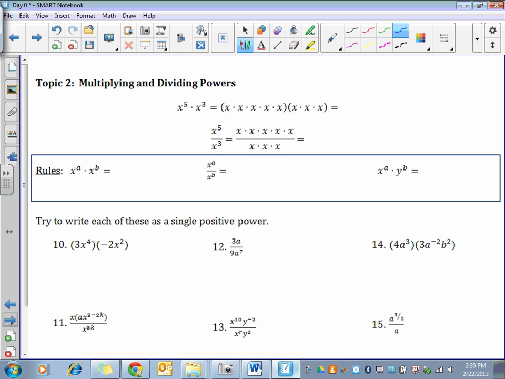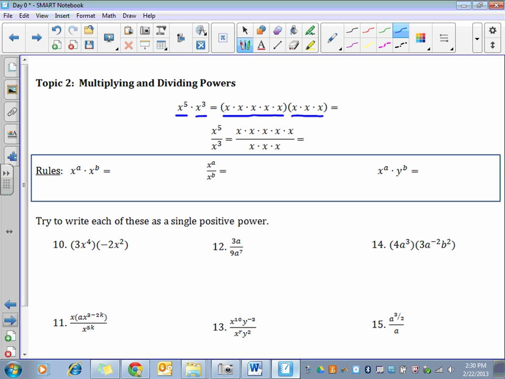Let's go on, and we're now going to look at how to multiply and divide powers. As we all know, x to the 5th really means that I'm multiplying x by itself 5 times. If I multiply x to the 5th times x cubed, the x cubed again tells me I'm multiplying x by itself 3 times.